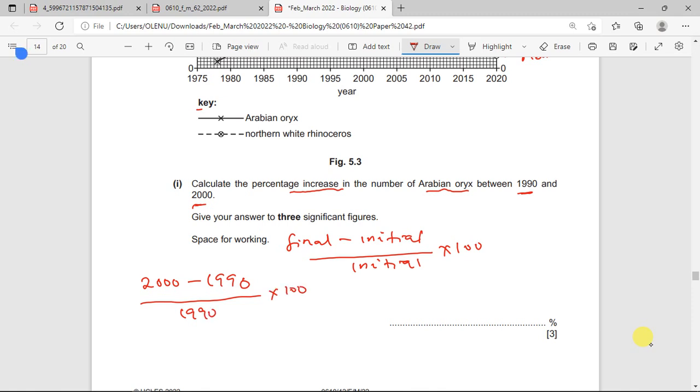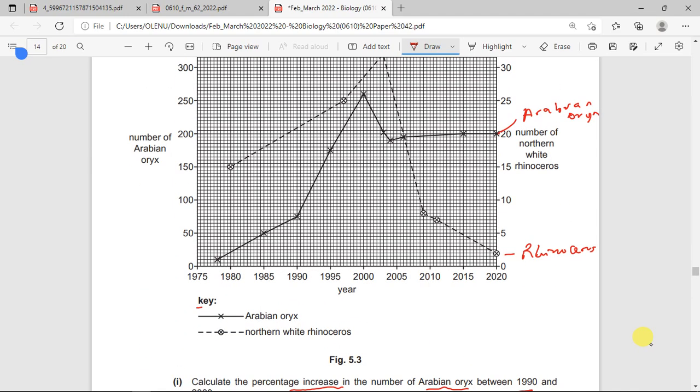times 100. So what is the value for 2000? Let's go back and check. For the year 1990, for the Arabian oryx, which is this line, you find out that it is this value here. So you trace it back to this, and this is 50. So in between here is 50. If this is 50 and you have 10 here, each will represent 5. So this should be 50, this will be 60, and this will be 70.